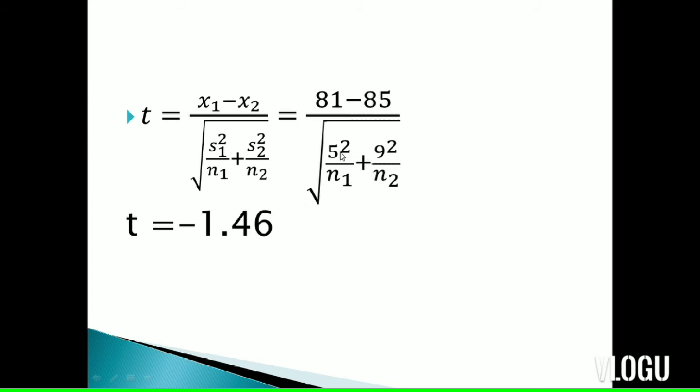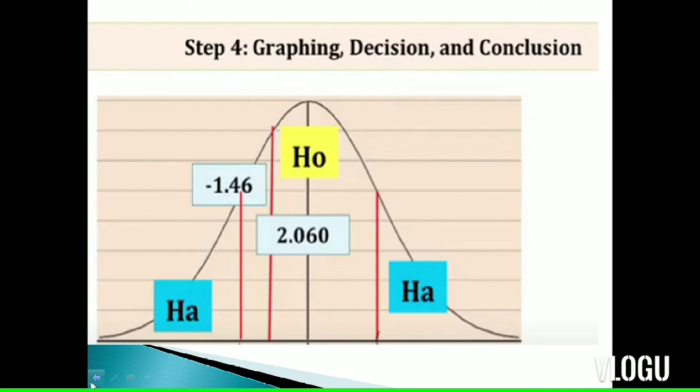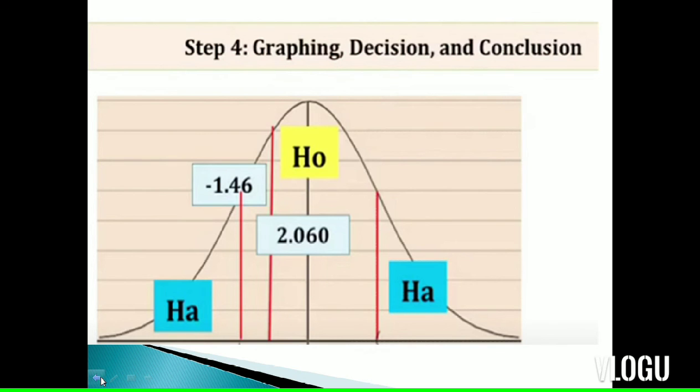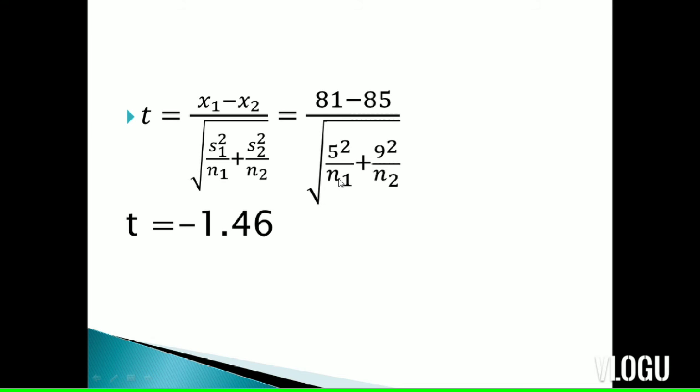All over the square root of s sub 1 squared. So ang s sub 1 nimo kay 5, squared, so 25 over n sub 1 nato is 12, plus 9 squared over n sub 2 nato is 15.